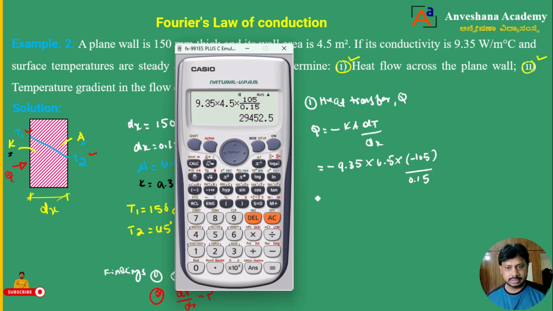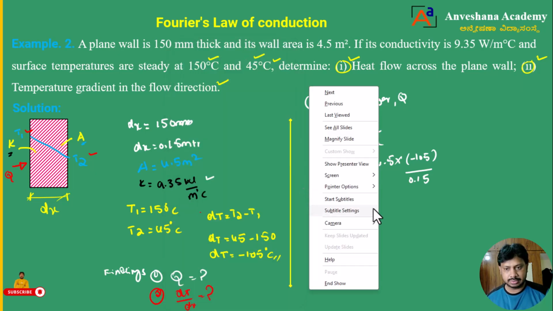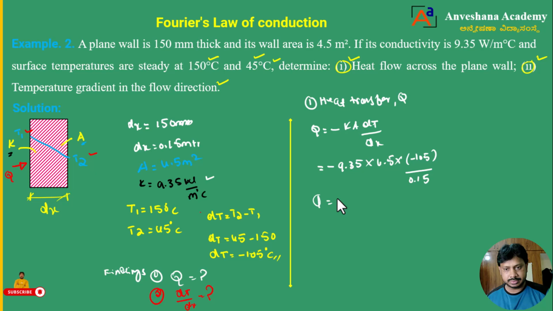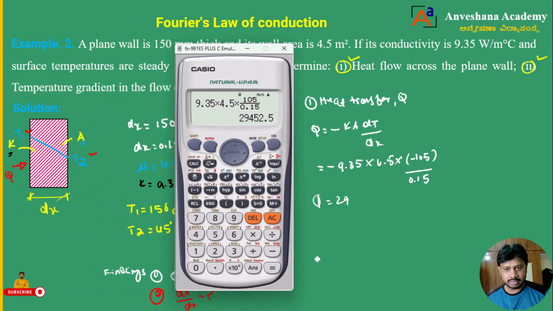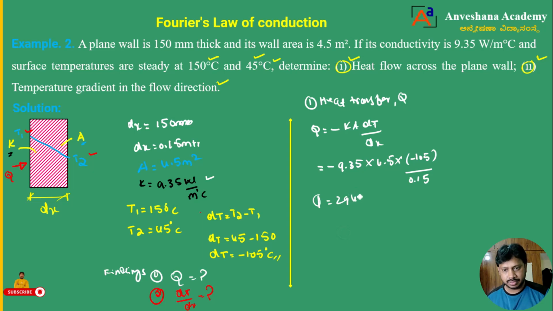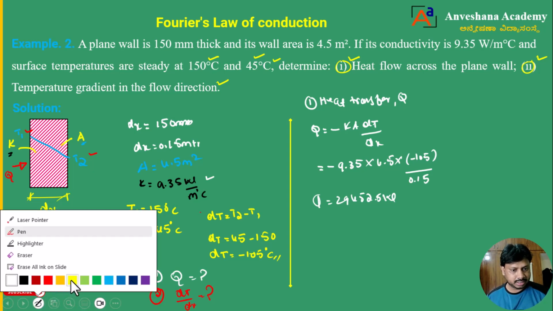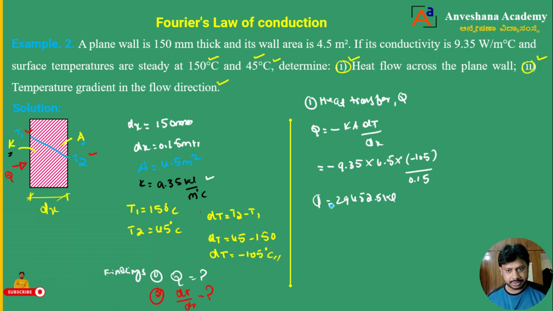You can see here, Q is equal to 29452.5 watt. This is the heat transfer. We got it now. We can express that in kilowatt by dividing by 1000.